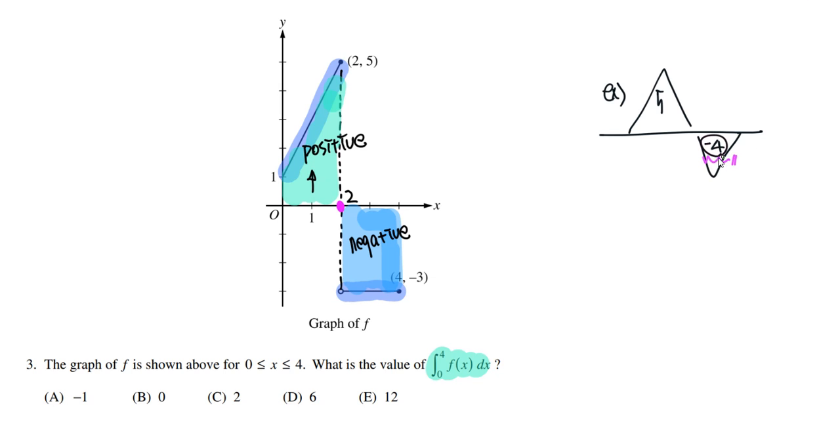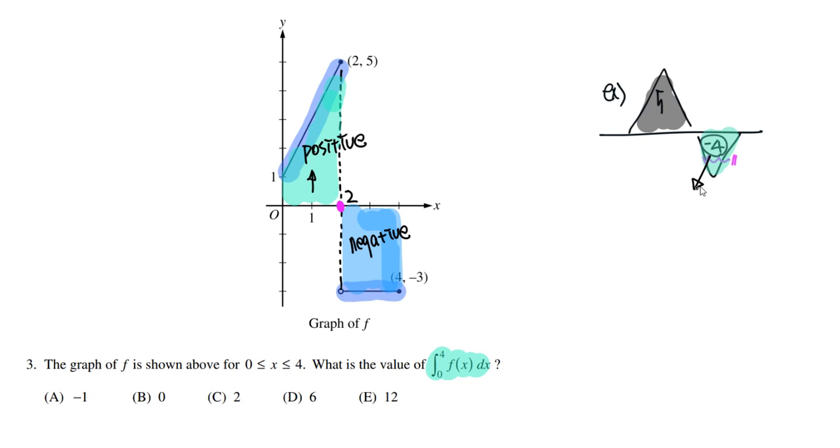That's not a complete area. It's just the value of the integral. The value of an integral is not always the same as area. Area should have a plus sign, a positive sign. So if it has a minus sign, then that's not a real area.